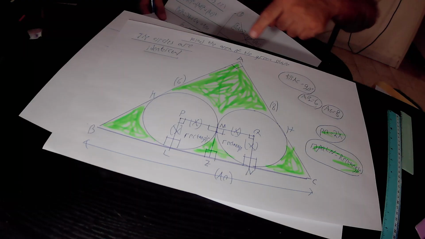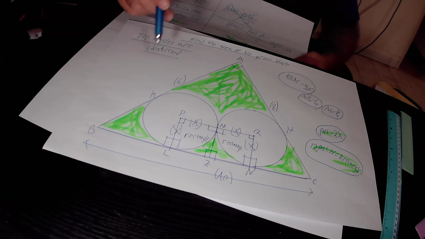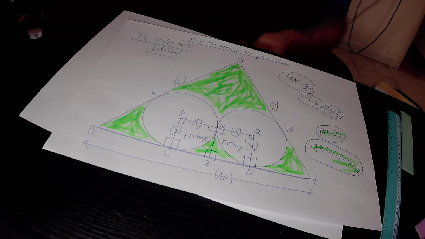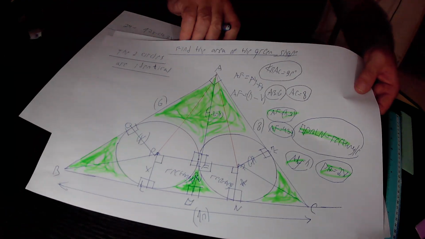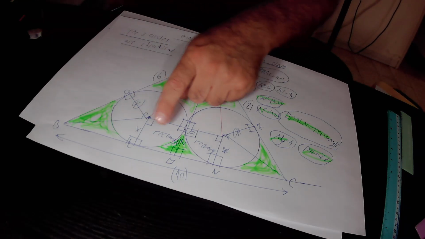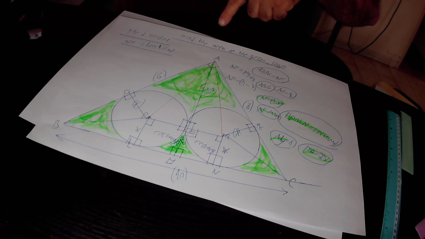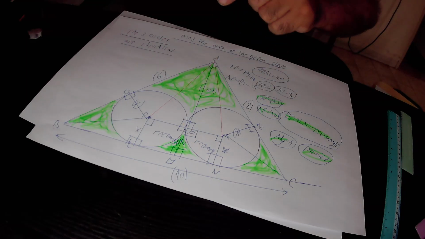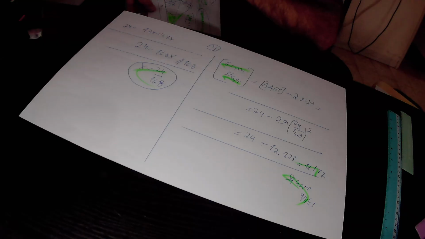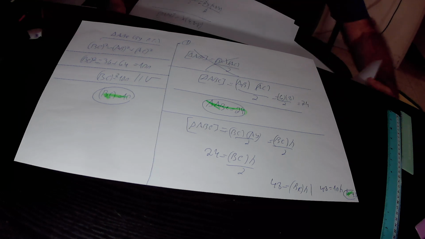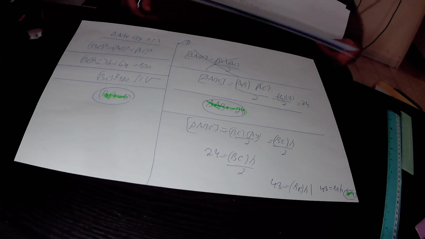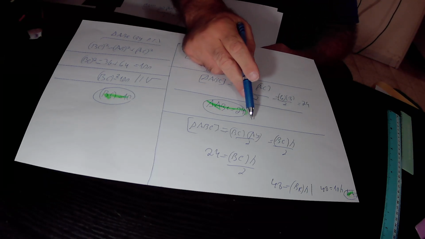The triangle ABC will be equal to the base BC times the height to the base, AY, over 2.